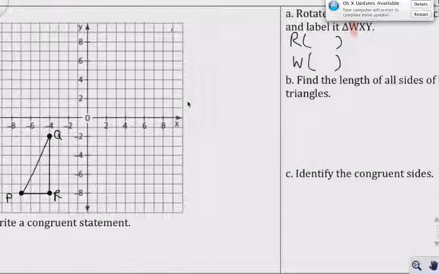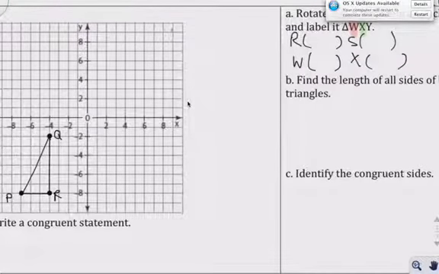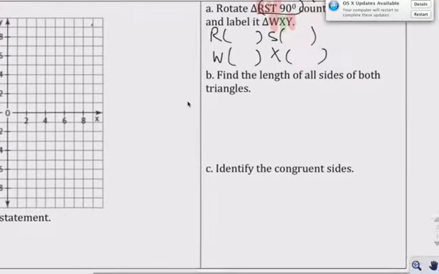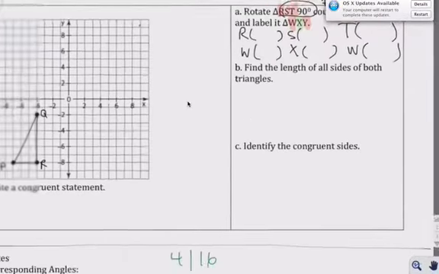And then S goes with X. And then T, this T here, goes with this Y. So T goes with the Y. It's important you keep that straight.